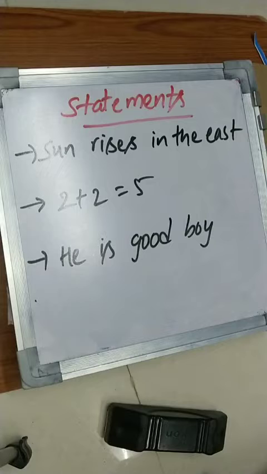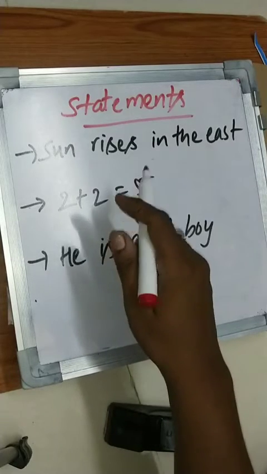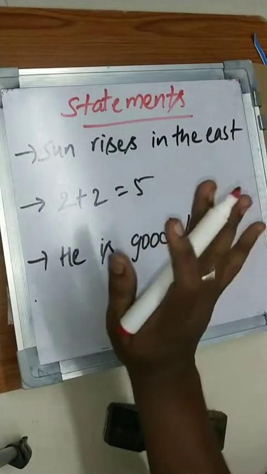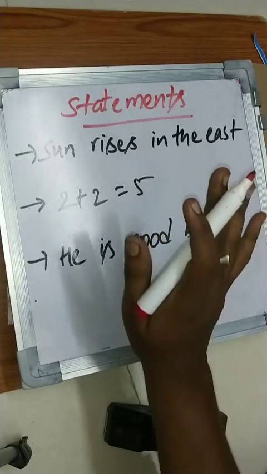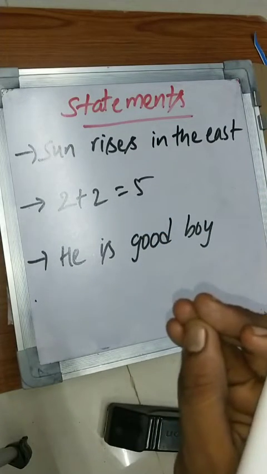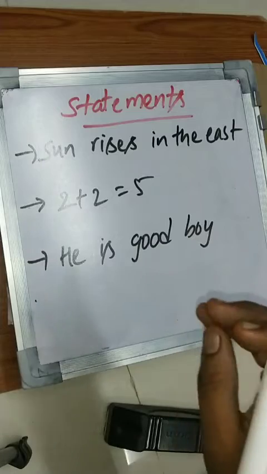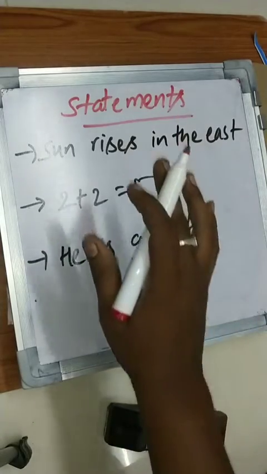Now here, if you can see, sun rises in the east, 2 plus 2 is equal to 5, and he is a good boy. These are the three sentences I have taken. I'm not saying these are statements. Before coming to one point, I'm considering these as sentences.